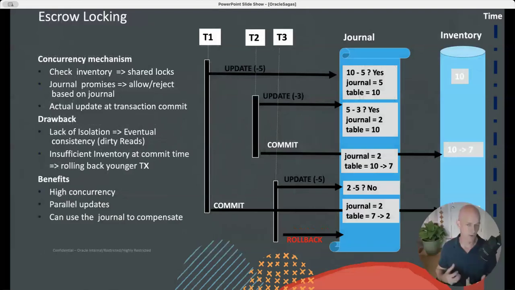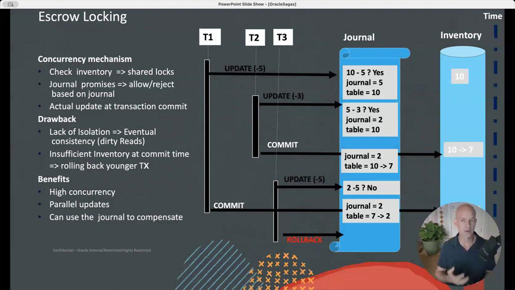So moving on to escrow locking, or what is technically lock-free reservations, we have this concurrency mechanism where we introduce a journal. And so when an action is taken against data, it's recorded in this journal, and the journal is in charge of allowing or rejecting those changes.